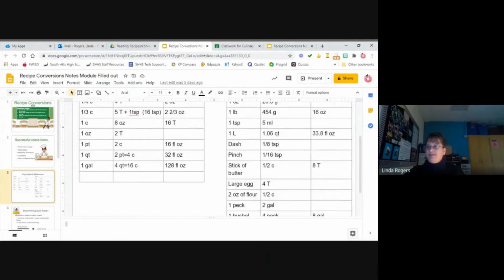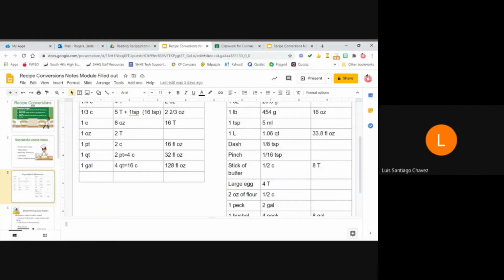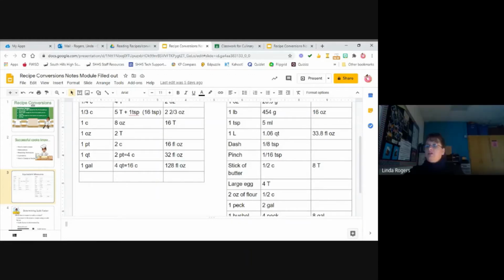Is there anybody that does not have that down? Give me a thumbs down if you do not have it all written in on your chart. Okay, Lewis, how much do you have? Yeah, just the right side. Oh, jeez. Okay, so when we're at the end, I'll come back to this to where you can write it down, okay? And did everybody else get this written down?